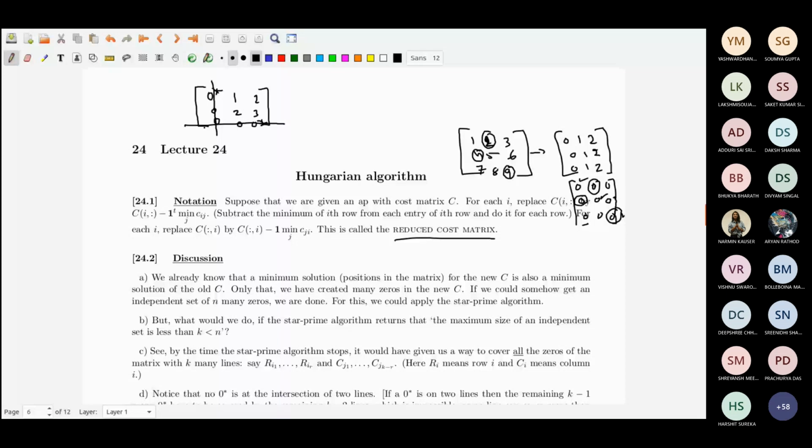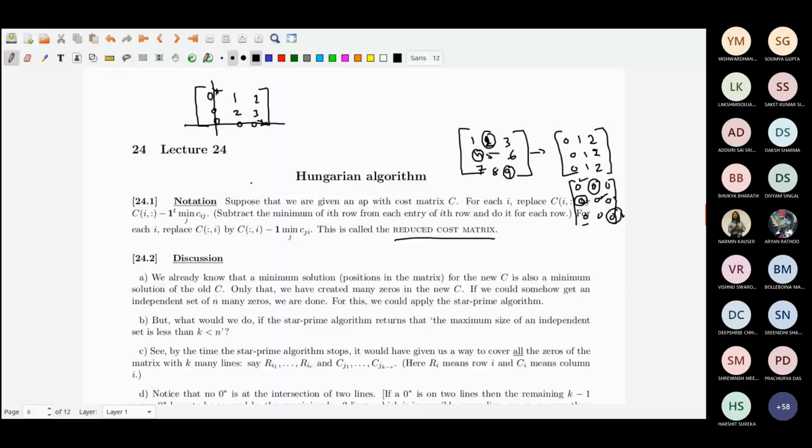Remember, you have covered all the zeros that were present in the matrix. Therefore, the entries that are not covered are positive entries only.